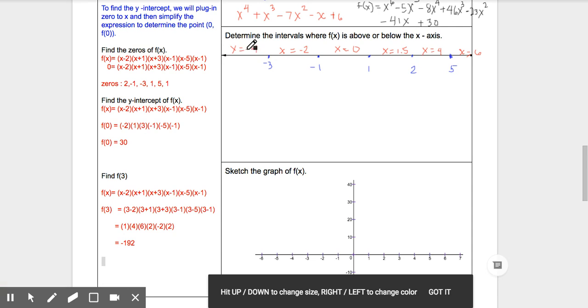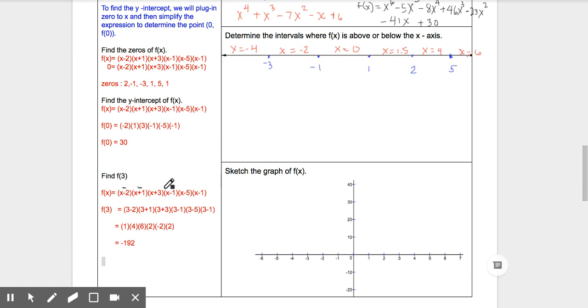So again, we're plugging in -4. So -4 minus 2 is negative. -4 minus 1 is negative. -4 plus 3, because -4 is less than -3, it's going to be negative. -4 minus 1 is negative. -4 minus 5 is still negative. And -4 minus 1 is negative.